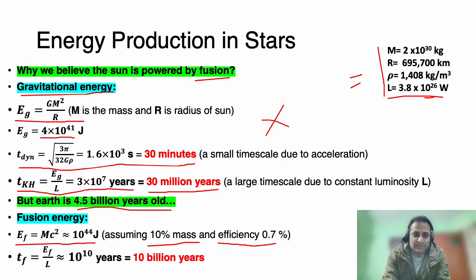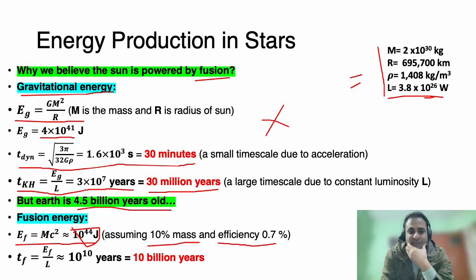For a given luminosity, this is a bit higher, this is 10 to power 44, so this is a very high energy. It's higher than the gravitational energy, which was 10 to power 41, so it's 1000 times higher at least.